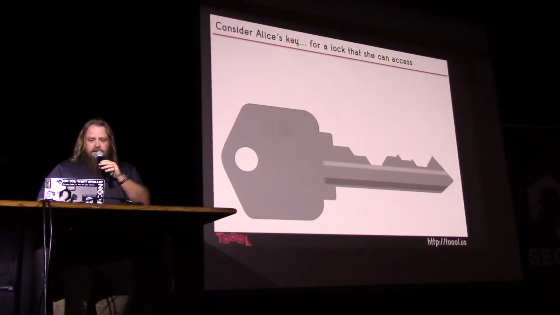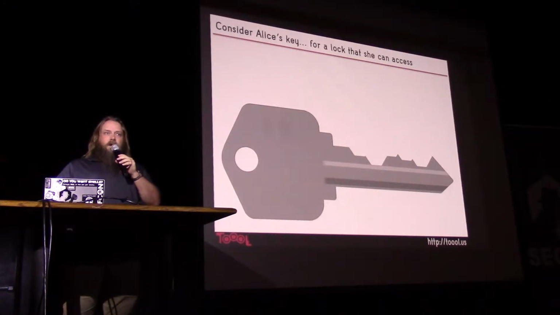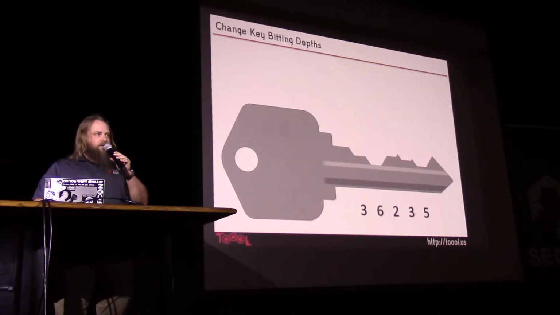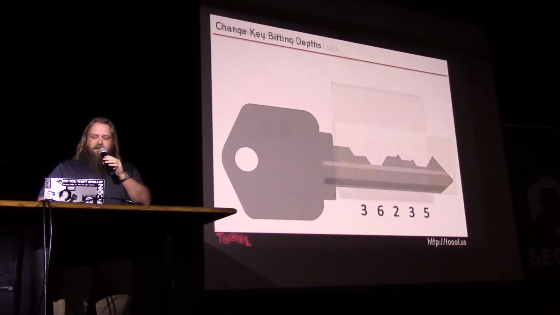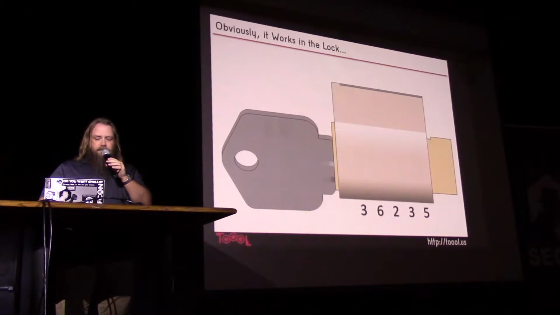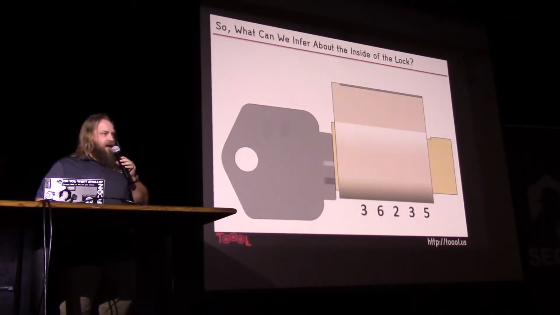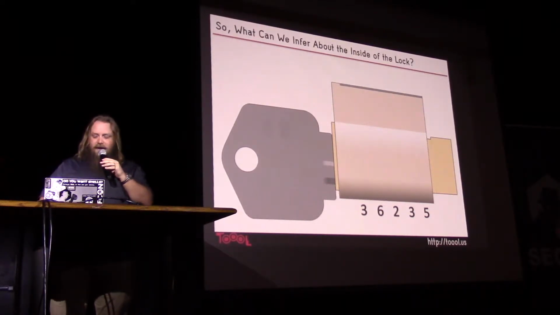Okay, so first we're going to consider Alice's key. So any lock that she can access with a bitting depth of 36235, well, obviously it's going to work in her own lock. What do we know about the inside of that lock now? Of course, this is designed to be a little bit more interactive, but hey.